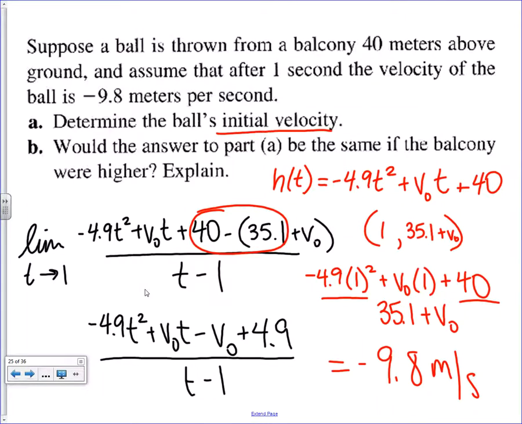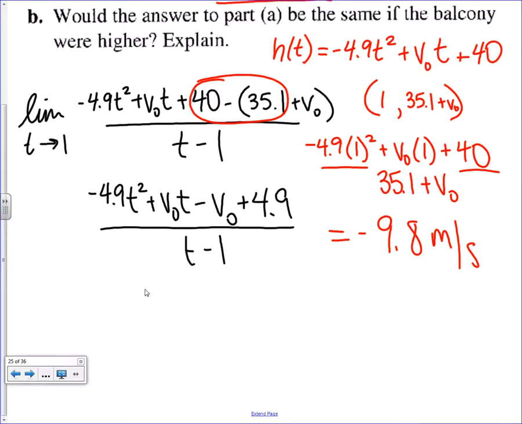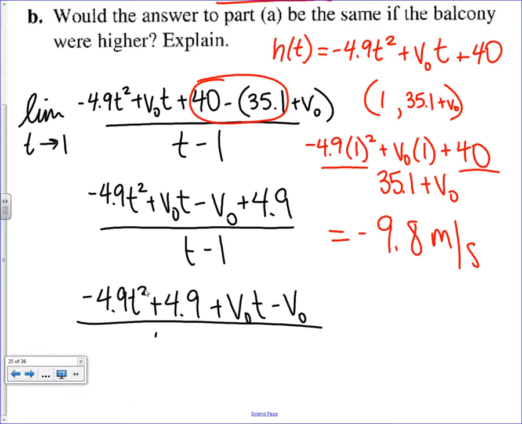Factor by grouping. In order to do that, I want to group things strategically. Did everybody see how this 4.9 and that 4.9 could be factors? So I'm going to put those two things together when I group. So I'm going to rewrite this a little bit, like that. And then I'm going to group it 2 by 2.